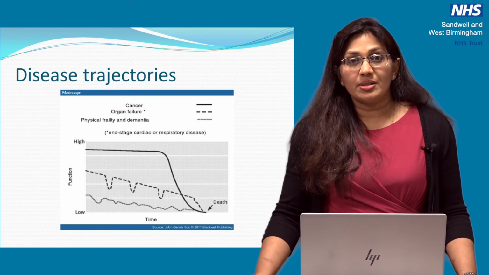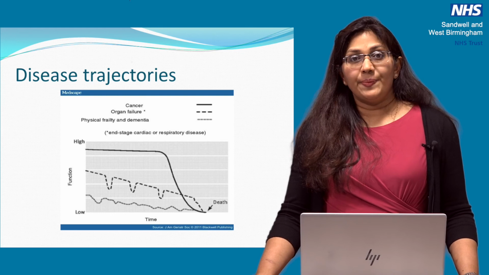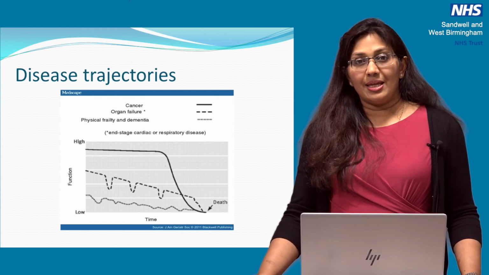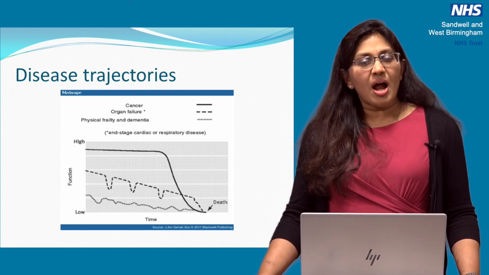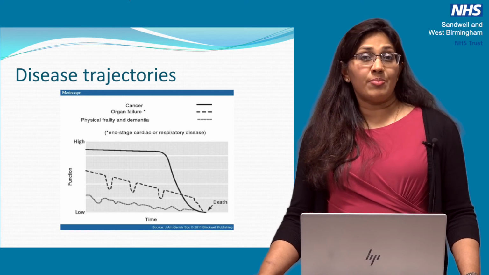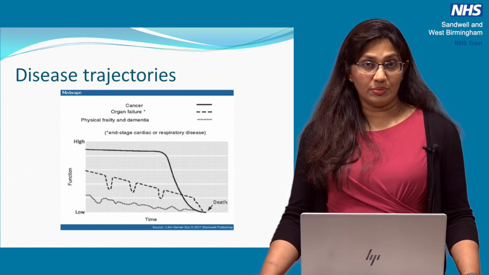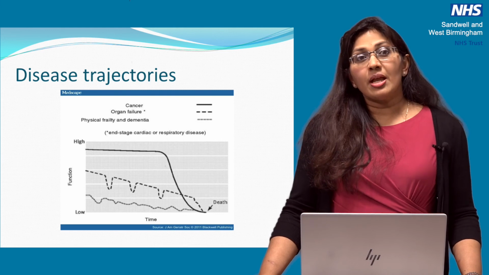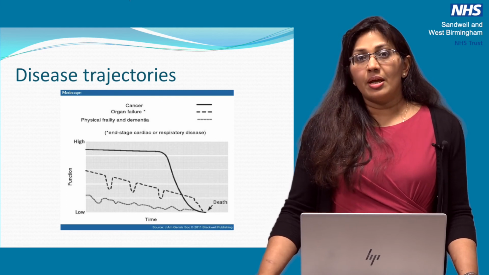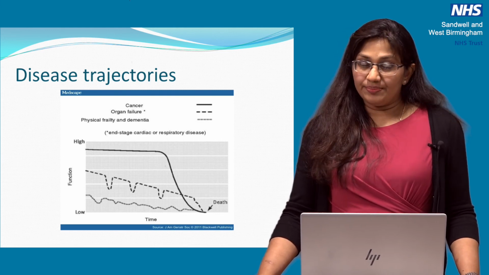Heart failure patients are quite similar in that manner. They come in for an acute intervention, they get a bit better, and they go back. It's harder for such patients to comprehend the possibility of death happening soon. Therefore, the way we communicate those discussions would need to be tailored accordingly.